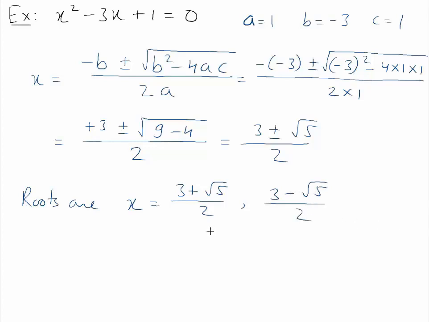Now one more thing that we can realize here is that if the number inside the root is not a perfect square, you will end up getting two roots which are conjugates of each other.